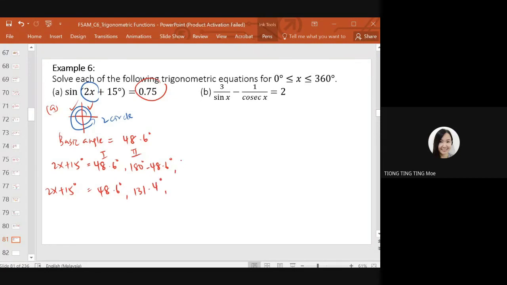And after this, you have to add another one, 360 plus 48.6, and another one, 360 plus 131.4. So you get your answer. Oh yeah, correct. So you get 408.6 degrees and another one 491.4 degrees.